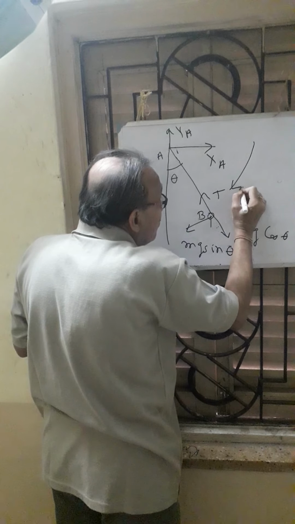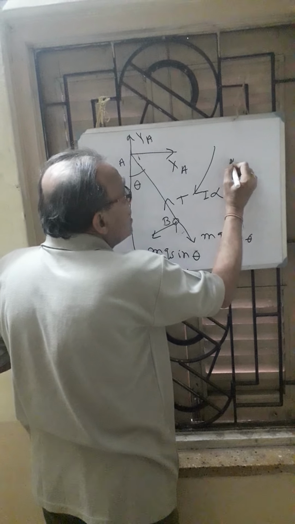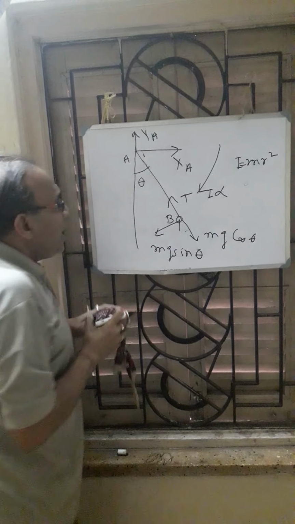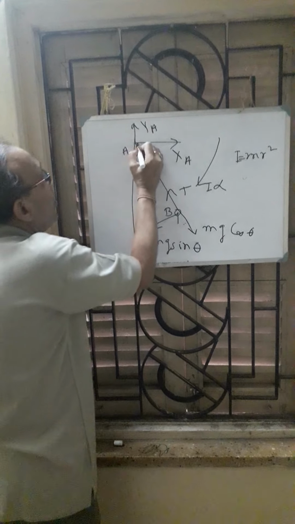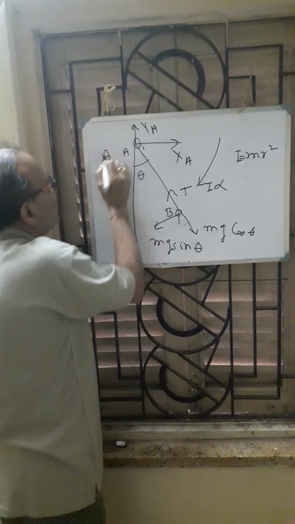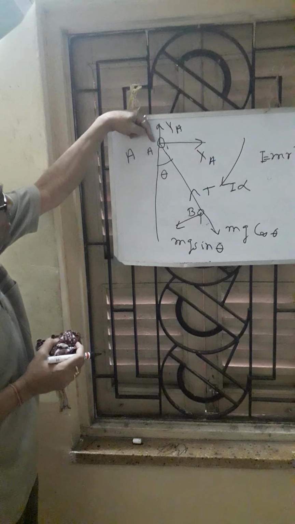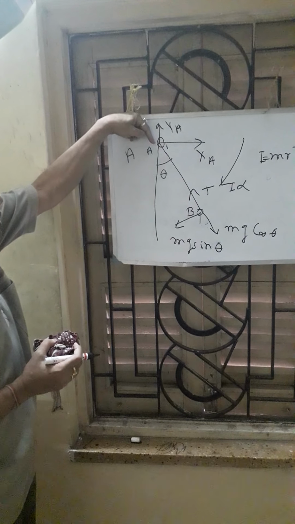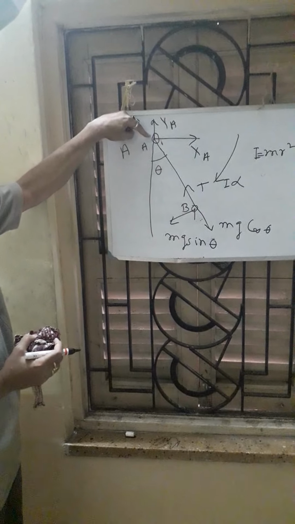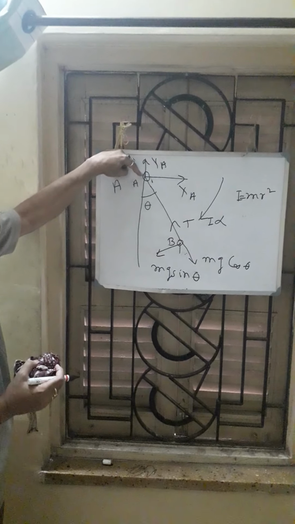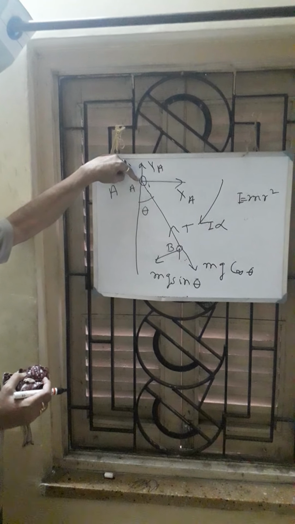It is I alpha, as I told you already, and I is the moment of inertia, that is mass into r square. I take a point particle. Now, I take moment about the point A. That is very important. What do I observe? XA, YA, T and mg cos theta pass through A. I repeat, XA, YA, T and mg cos theta are passing through the point A about which I am going to take moment.